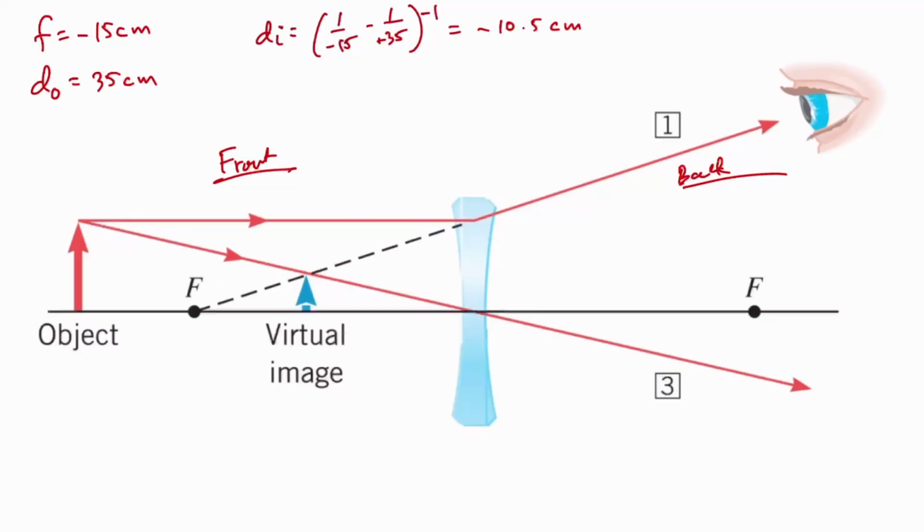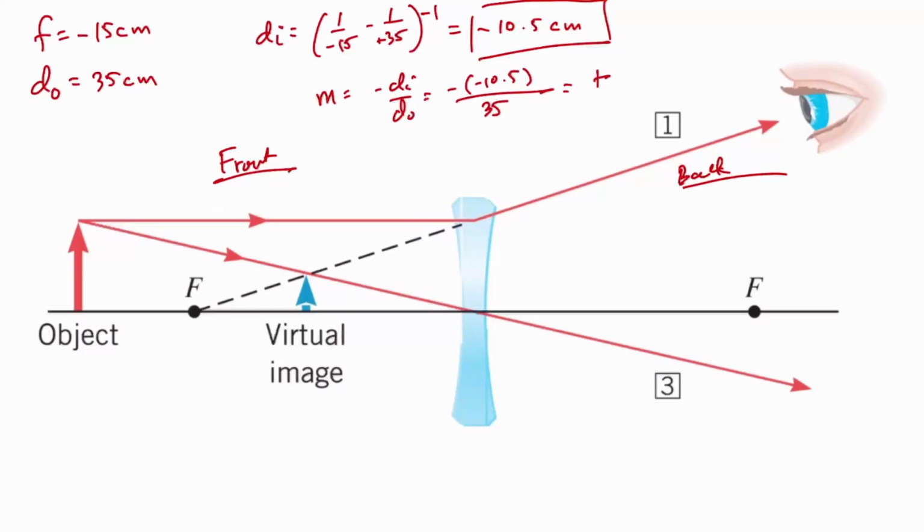Again, what does the negative sign mean for image distance, according to the sign conventions? It means it's on the front side: positive on the back, negative on the front. That's where my image is. It's on the front side. Magnification is negative d_i over d_o, negative a negative 10.5 all over 35.